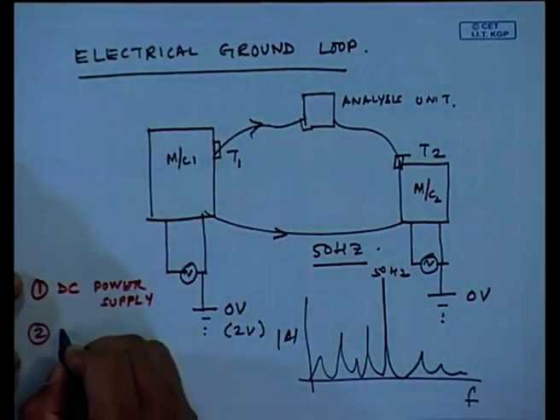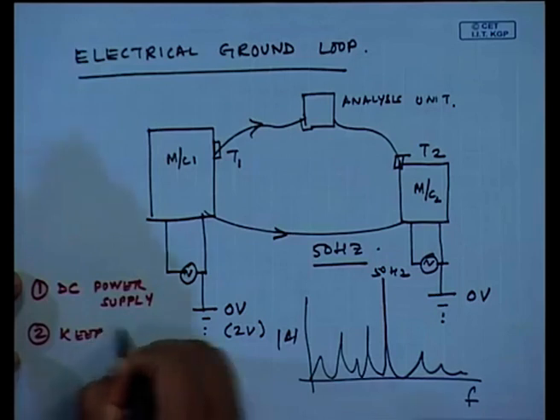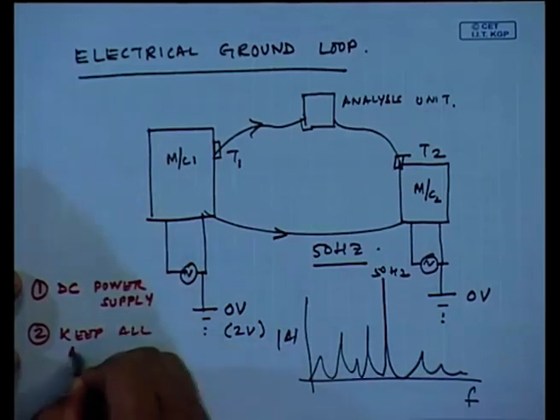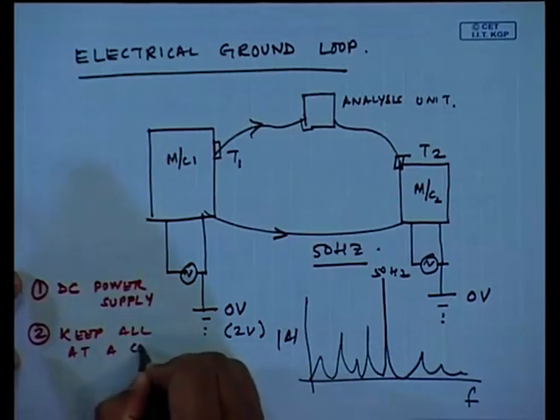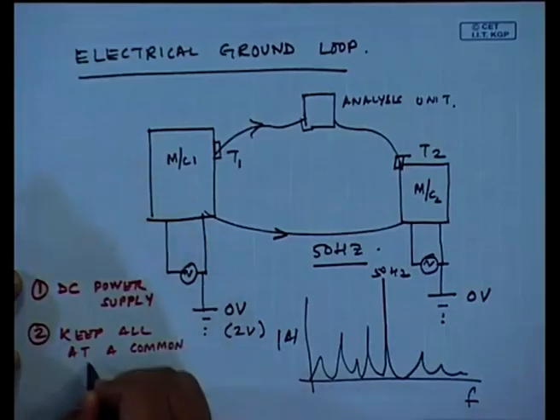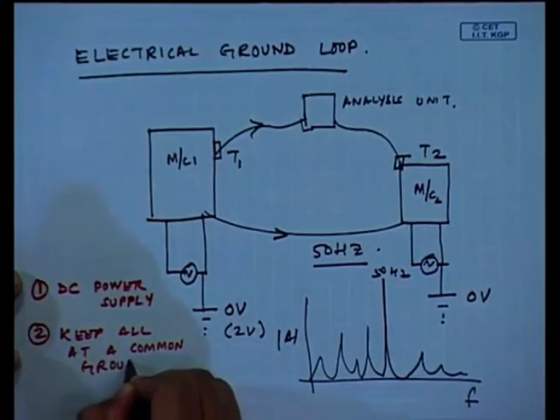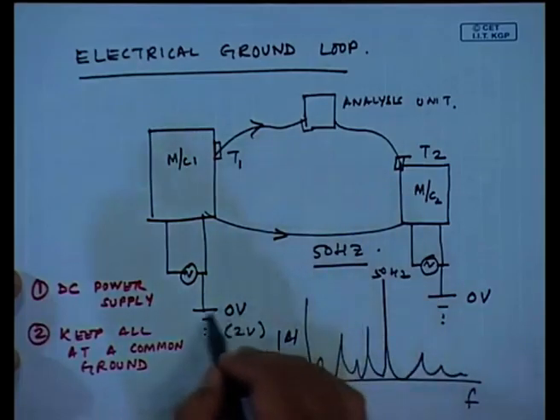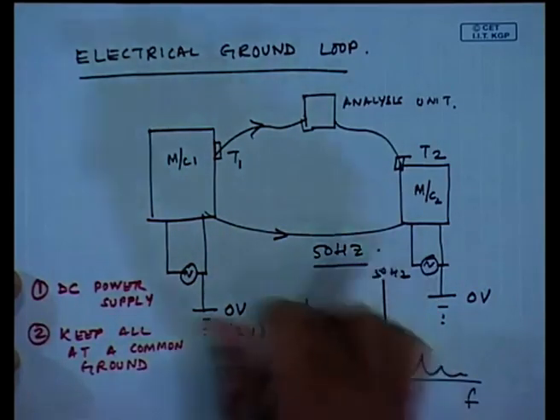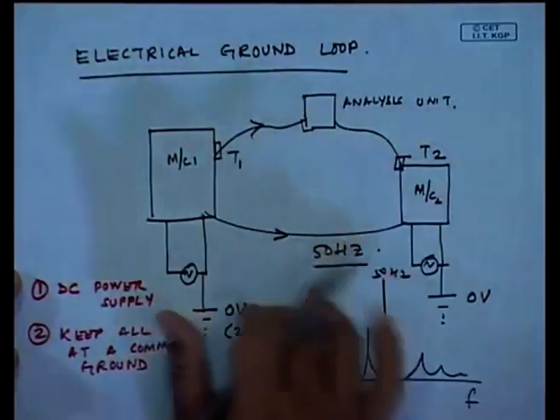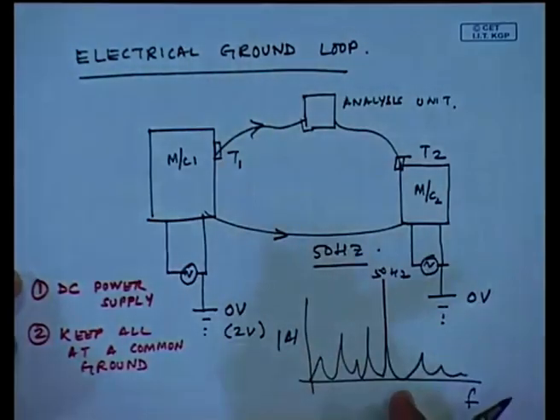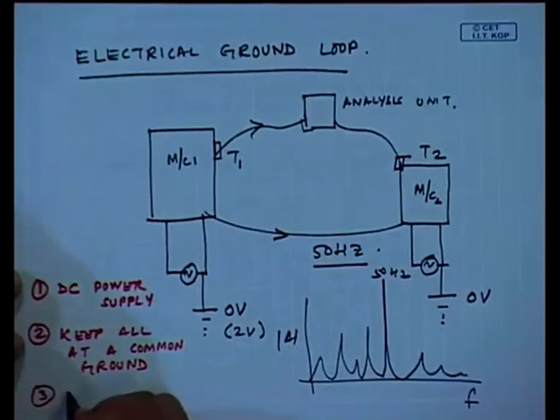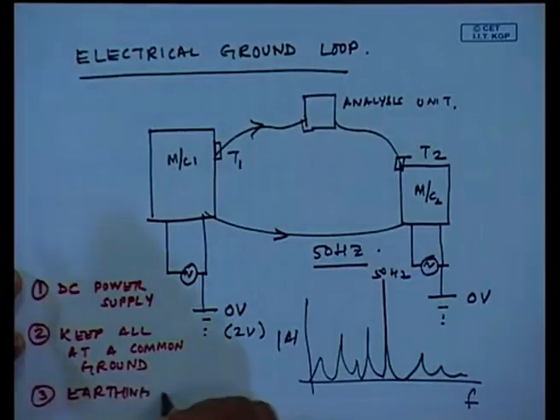Next is keep all at a common ground. That means, if all the potentials are common, then there will be no potential difference and then there will be no flow, or make sure earthing is proper.